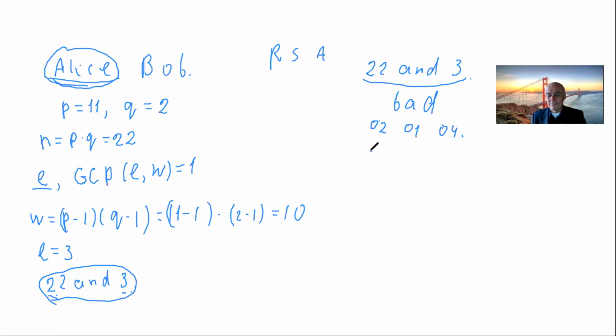Here is the formula, according to the RSA algorithm. Ciphertext C equals M, let's denote by M the plain text, M to the power E modulo N. So this is the general formula.